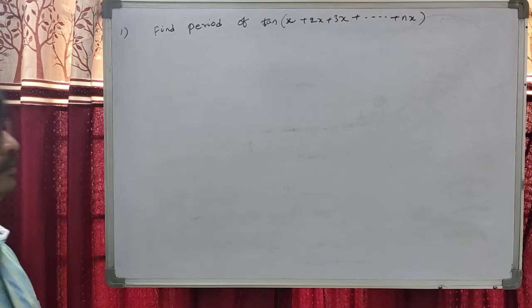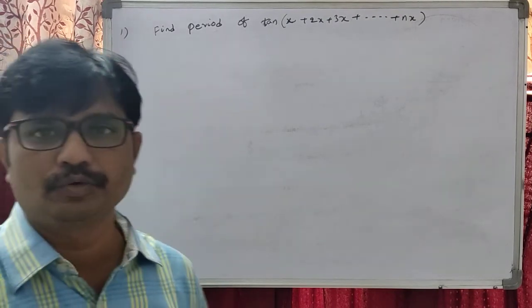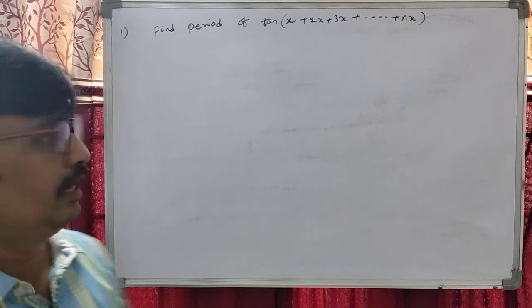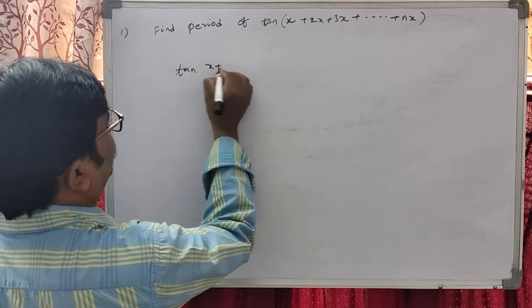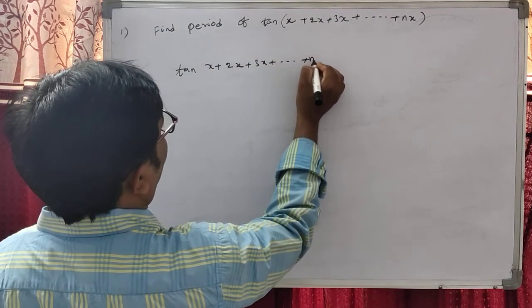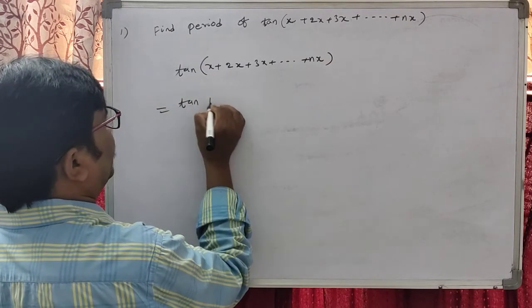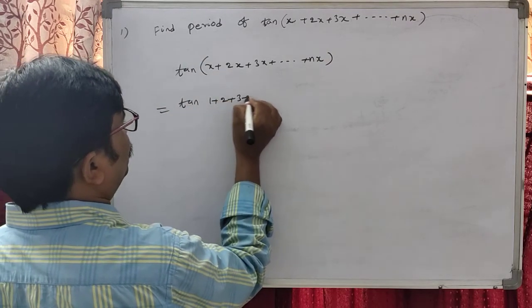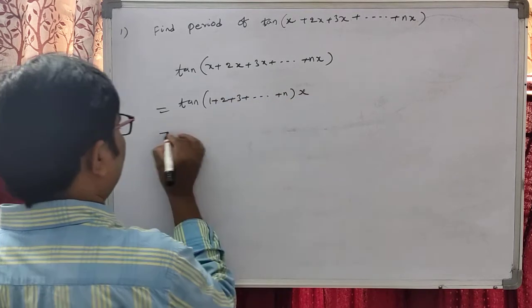Dear students, find the period of tan of x plus 2x plus 3x and so on up to nx. This is tan of (1 plus 2 plus 3 and so on n) into x.